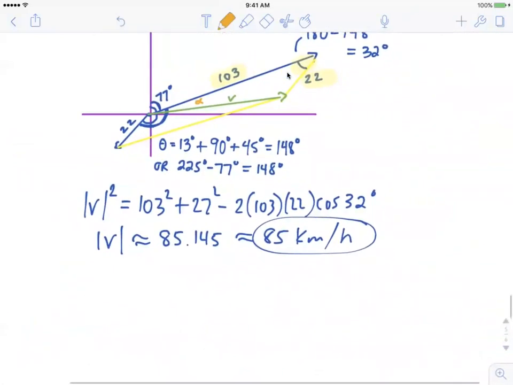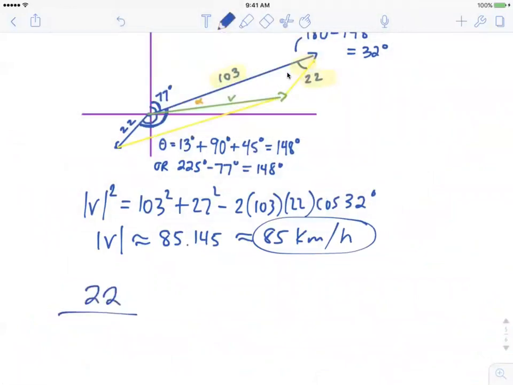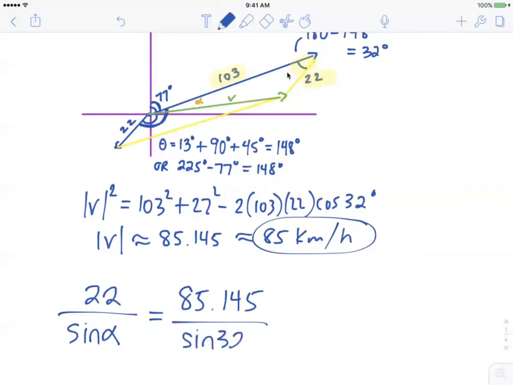If I want to find alpha, I need to think about the side opposite it, which is the 22. So I'm going to have 22 over sine of alpha. Do I have a pairing that's known? Yes, because now we know the magnitude of V, 85.145, and the angle opposite it is 32. There's your setup to get that little alpha.